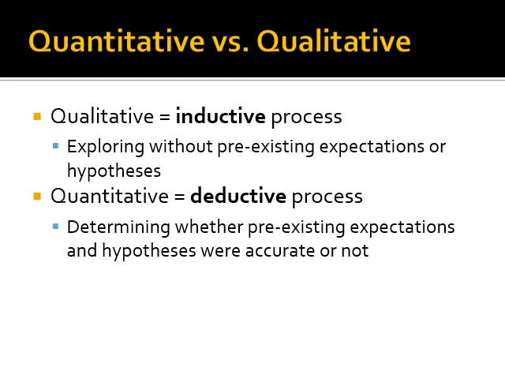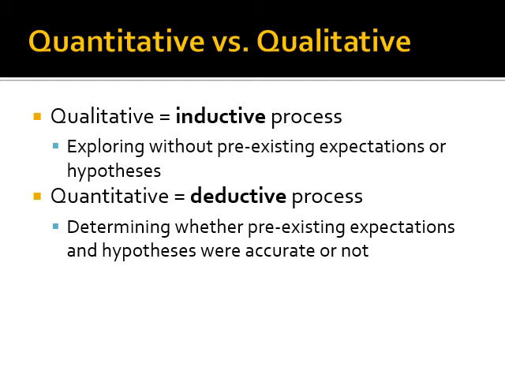Okay, so qualitative research is conducted using what's known as the inductive process, whereas quantitative research involves the deductive process. The inductive process in qualitative research is about exploring something, a phenomenon, a topic, without pre-existing expectations or hypotheses, trying to go into a topic with a not-knowing stance.